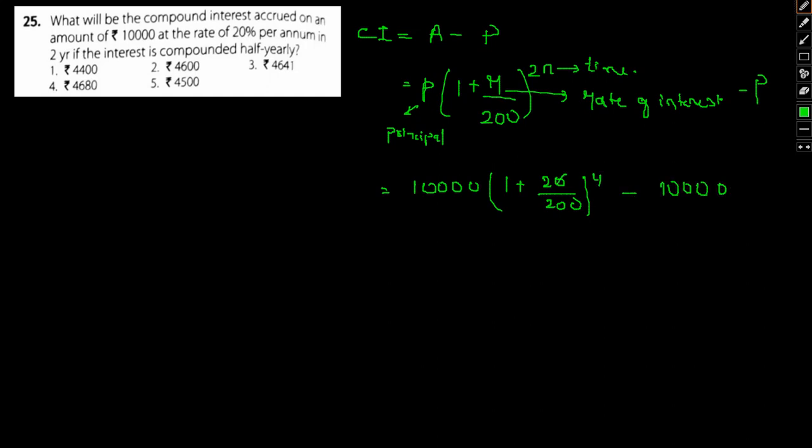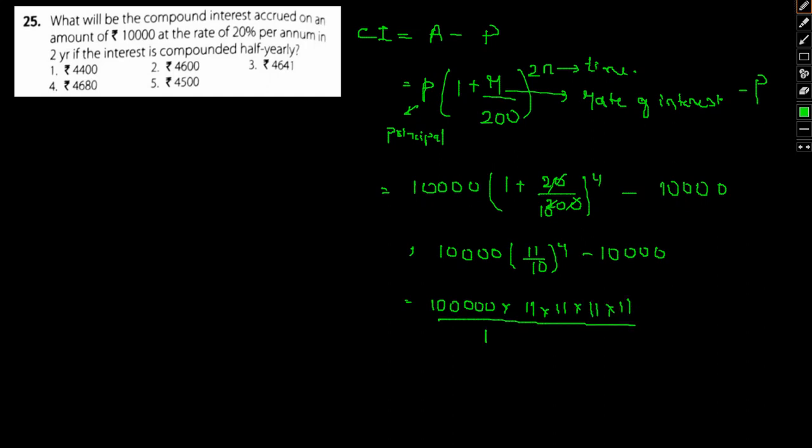Okay, so this would come out to be 10,000 into (11 by 10) to the power 4, minus 10,000. This can be further written as 10,000 into 11 into 11 into 11 into 11, by 10 into 10 into 10 into 10, minus 10,000.